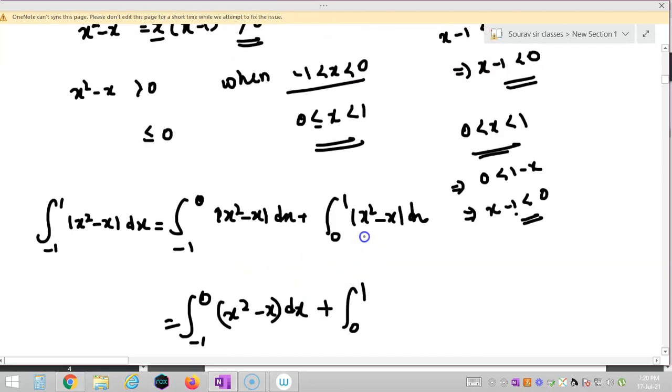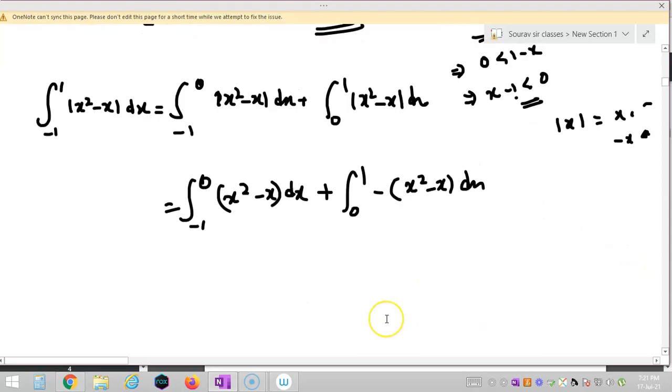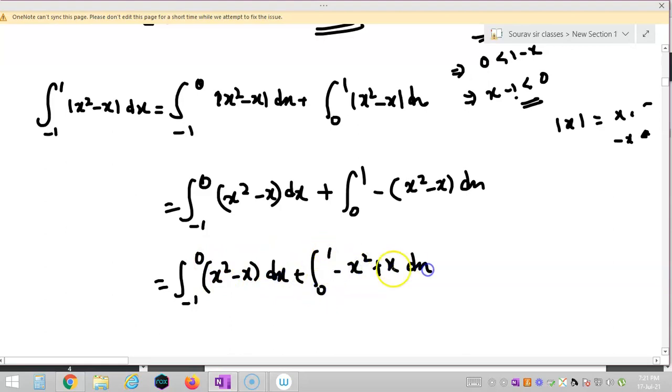You can see that in this range the quantity is less than 0, so I will take minus of x square minus x into dx. Why do I take the minus? We know that mod x is x when x is greater than or equal to 0 and minus x when x is less than or equal to 0, so that's why I took a minus. So it will be integration -1 to 0 of x square minus x into dx plus integration 0 to 1 of minus of x square minus x into dx.